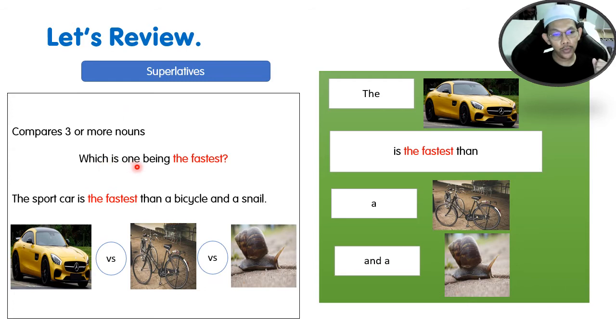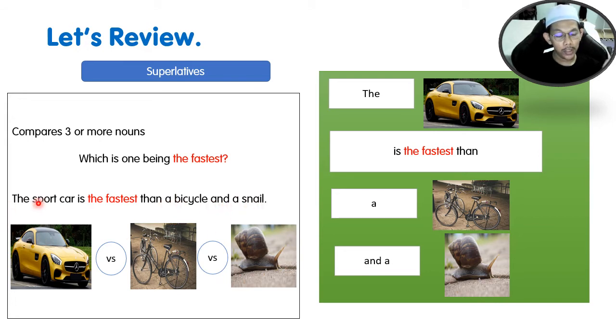Okay, so which one is the fastest? Of course, the yellow sports car. The yellow sports car is the fastest compared to a bicycle and a snail. Snail ni apa? Siput.